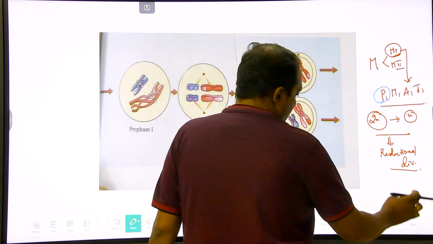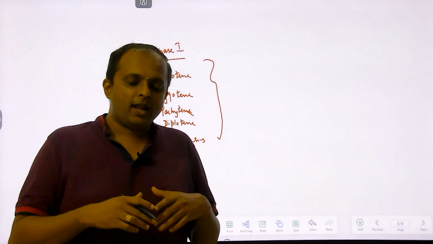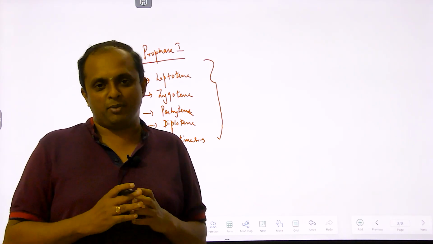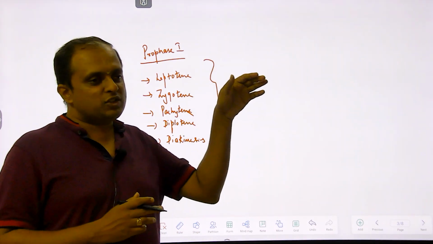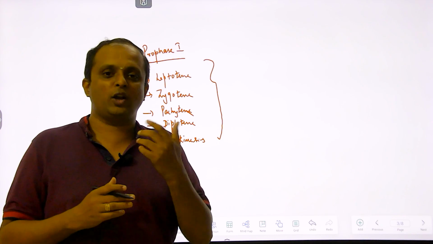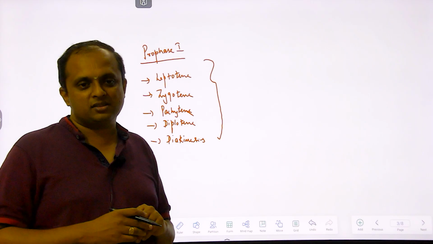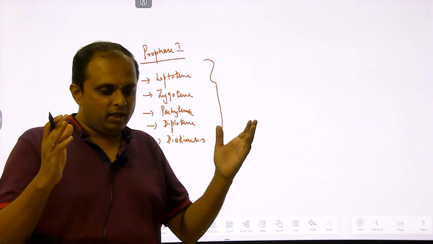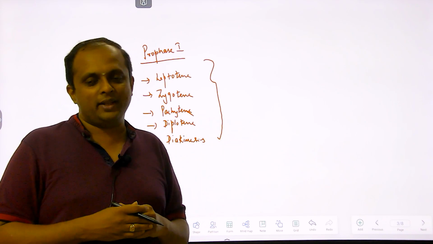Okay, so leptotene. What happens in the prophase of mitosis? If I say just prophase, it means the mitotic prophase. In meiosis, we call it prophase 1 and prophase 2 for meiosis 2. So what exactly happens in the prophase of mitosis? You know that chromosome condensation begins, the centriole moves to the opposite pole, and it radiates the mitotic spindle.